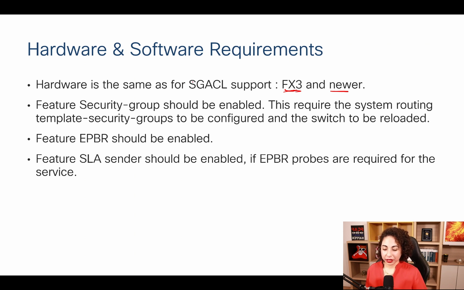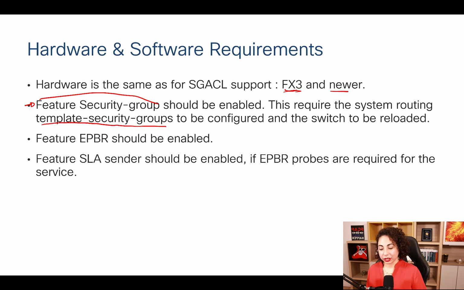Now, how are we able to configure everything that is related to SGACL? The first thing that we are going to need is feature security group. In the previous two videos, we went through all the teeny details to enable feature security group because it has some dependencies. It has a big dependency on the template that we are using, because it requires the template security group to be configured.